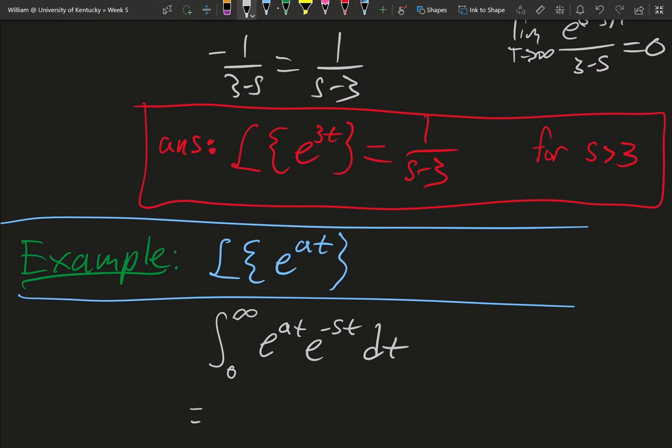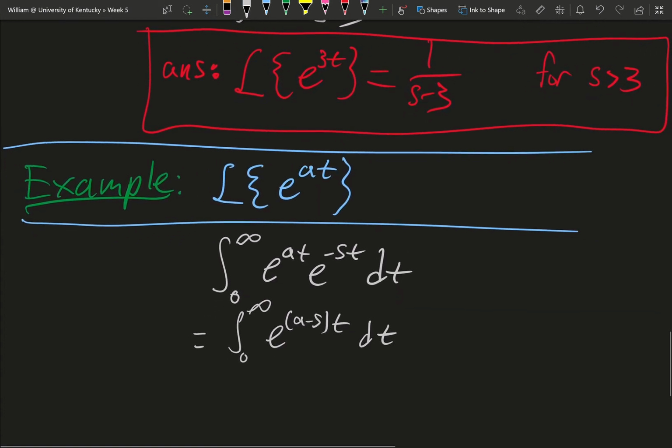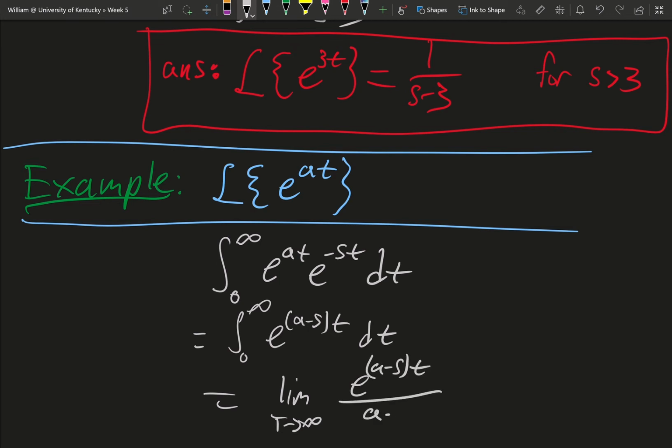If we have this, we sort of know what's going to happen, right? We're going to end up with the same thing: the limit as capital T goes to infinity of e to the (a minus s)t over (a minus s).